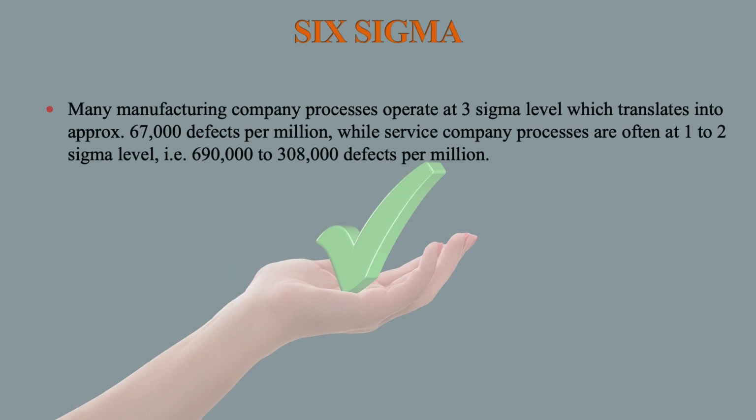Many manufacturing company processes operate at 3 Sigma level, which translates into approximately 67,000 defects per million, while service company processes are often at 1 to 2 Sigma level, that is 6,90,000 to 3,80,000 defects per million.